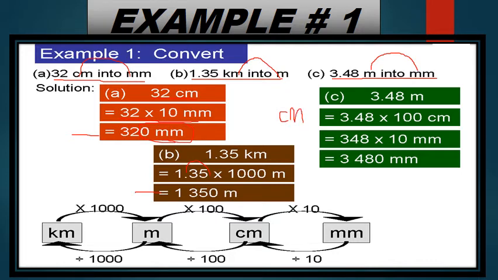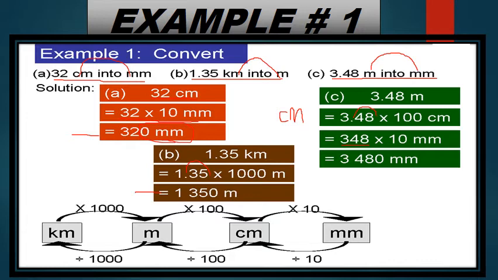How do we convert into centimeter? We multiply it by 100. We move the decimal point 2 places to the right. So we will get 348.